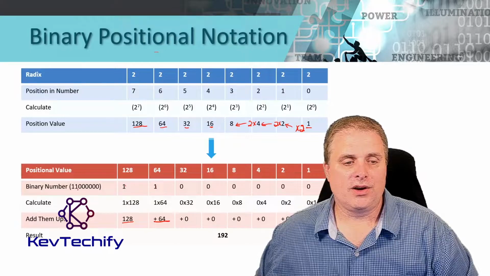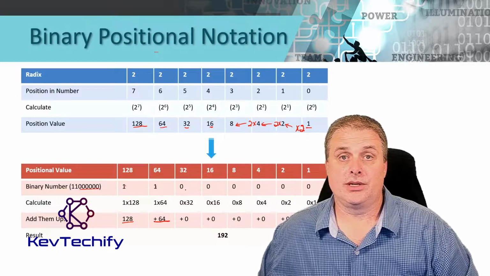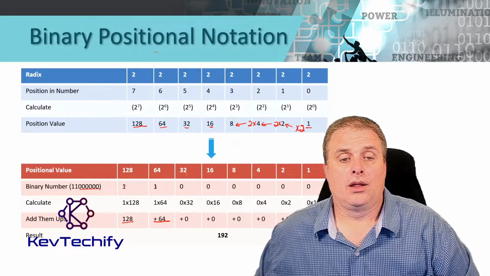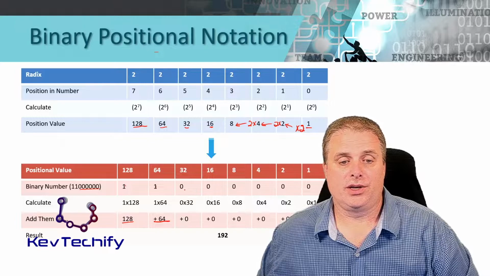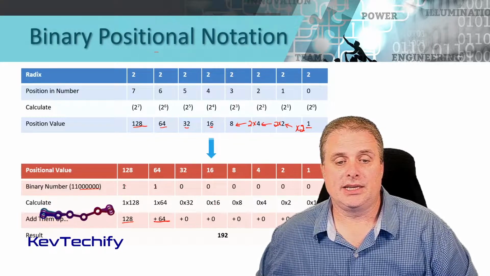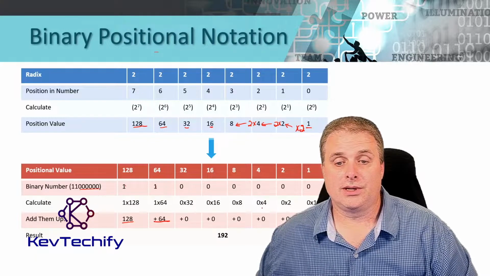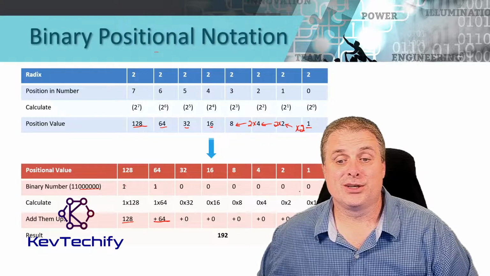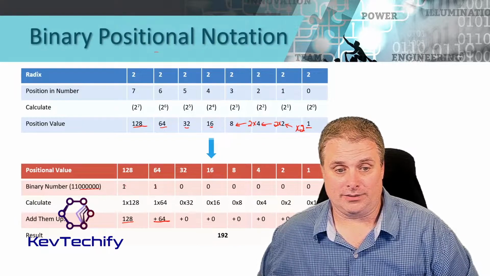And then the rest of our number, if we look back here, are all zeros. Any number times 0 is 0. So we have 0 times our positional value of 32, 0 times 32 is 0, 0 times 16 is 0, 0 times 8 is 0, 0 times 4 is 0, 0 times 2 is 0, and finally we have 0 times 1 is 0 again.